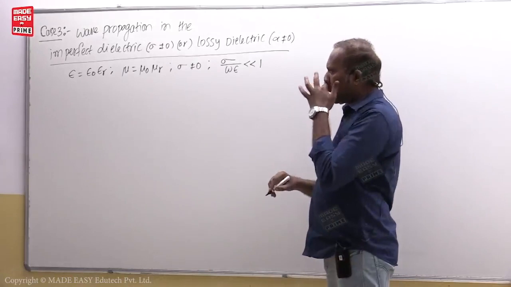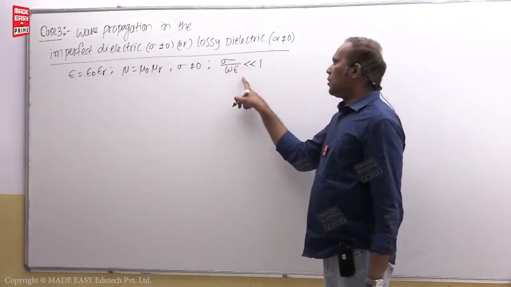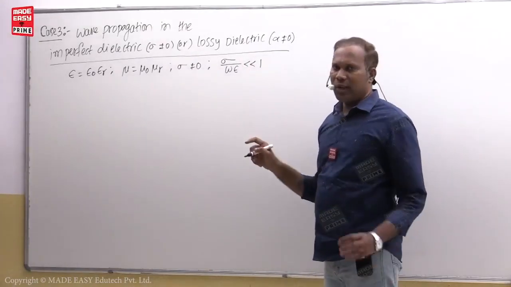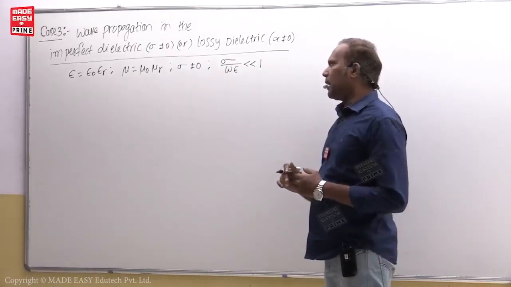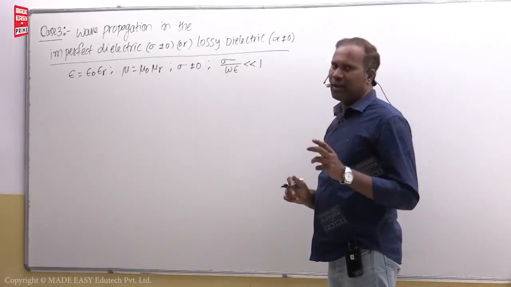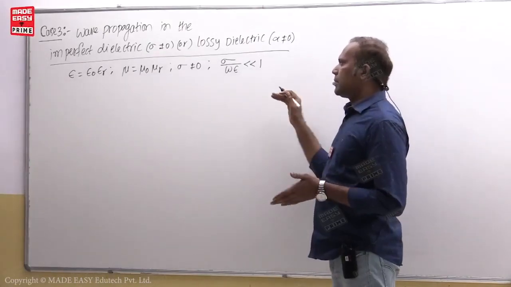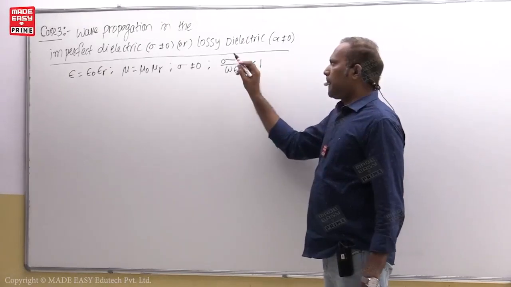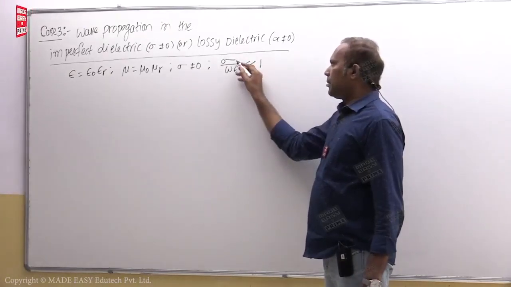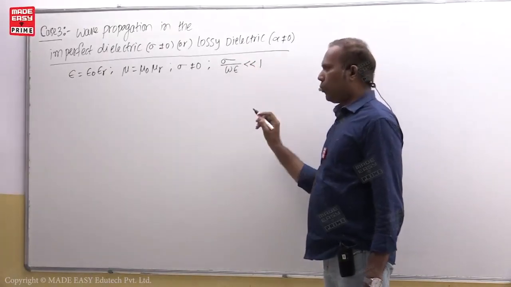For a very good conductor, this ratio is much greater than 1. For a very good conductor, sigma is very high, for example in the range of 10 power 7. For conductor, that is case 4 we will discuss.